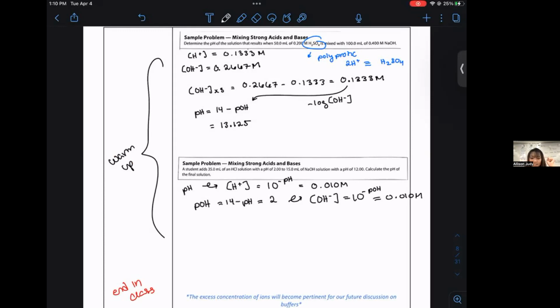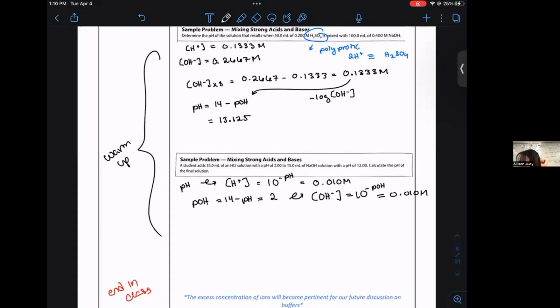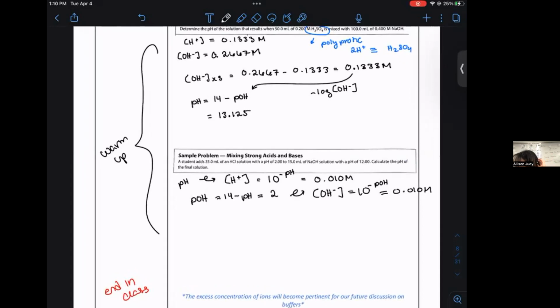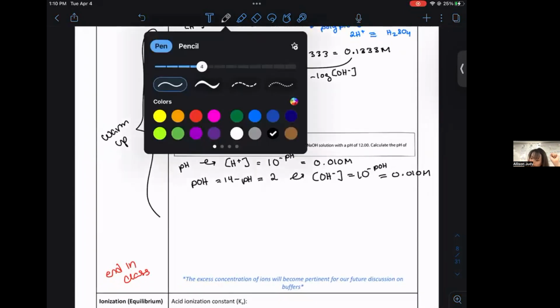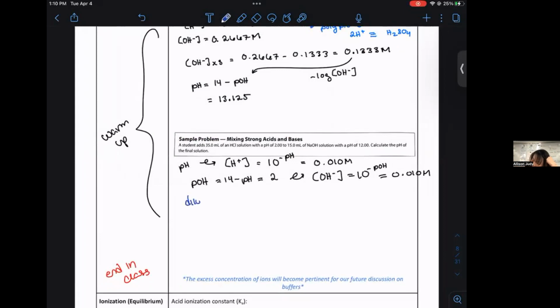And then what you say is, okay, we need to figure out what it is diluted. So what we see here is that we go 35 plus 15, so it becomes 50. So when you do your dilution calculations, you would be multiplying by a factor of original milliliters over 50 milliliters to get your dilution, right?